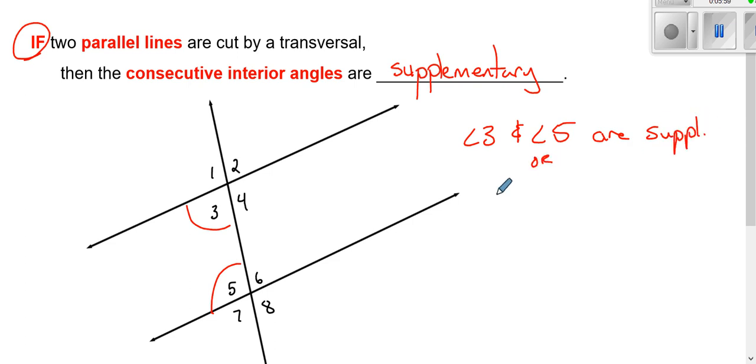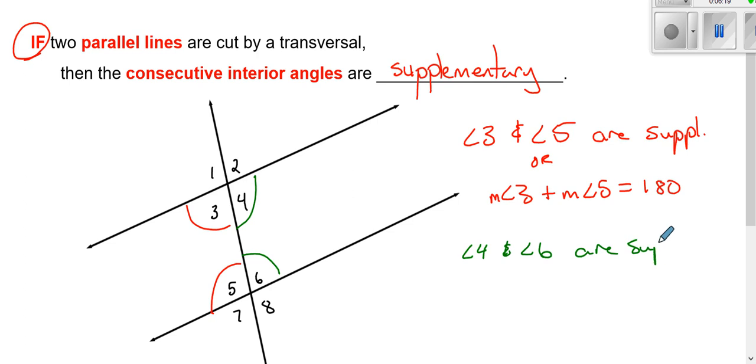Or you could say the measurement of angle 3 plus the measurement of angle 5 equals 180. You could also say angle 4 and angle 6 are supplementary. Another way we could say that would be the measurement of angle 4 plus the measurement of angle 6 equals 180.